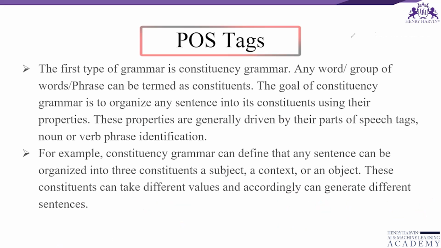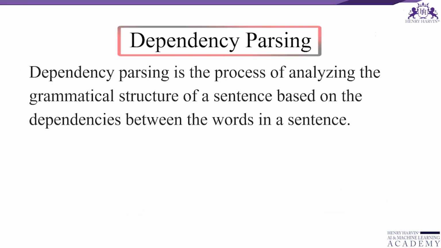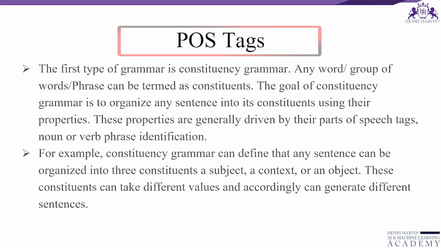The next one is about dependency grammar. When we talk about dependency grammar, we can also have different types of grammar. For example, take a barking dog. The dog is modified by barking, as the dependency adjective modifier exists between the two. Dependency grammar organizes the words of a sentence according to their dependency.